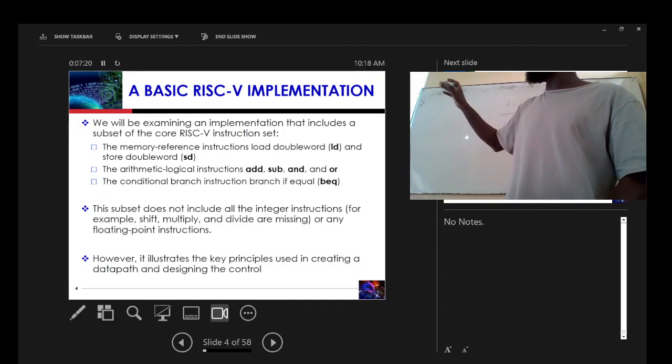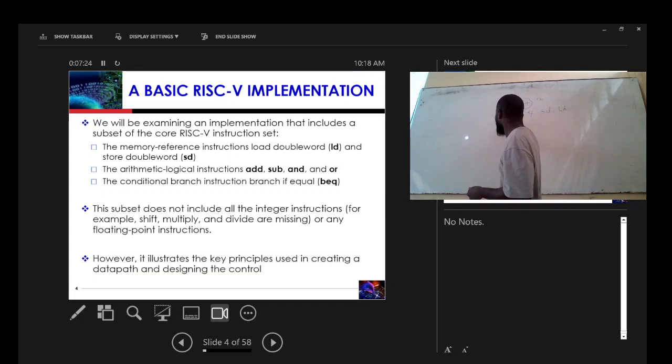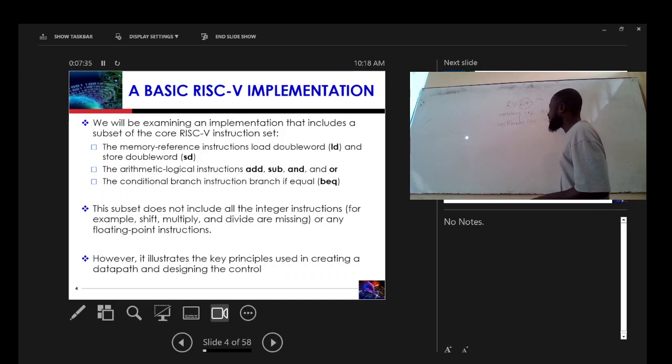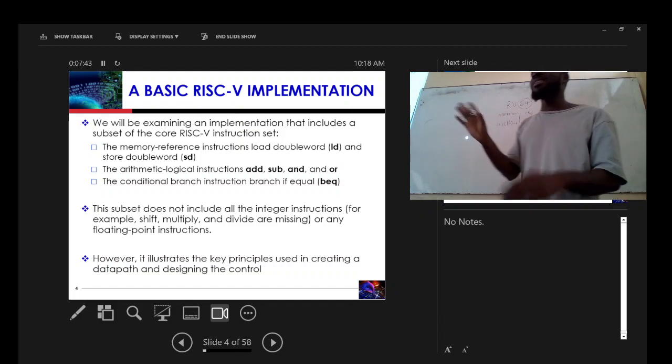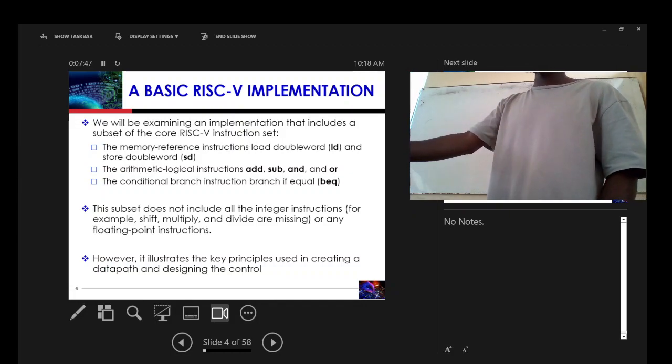So that is for memory reference, and then we are also going to deal with instructions that deal with arithmetic and logic, and those ones are add, subtract, and so on. So it means that four of them. Then we are going to deal with branching conditions, right?